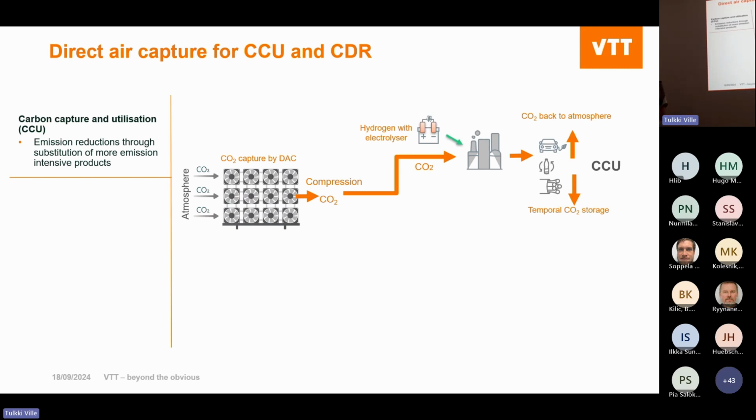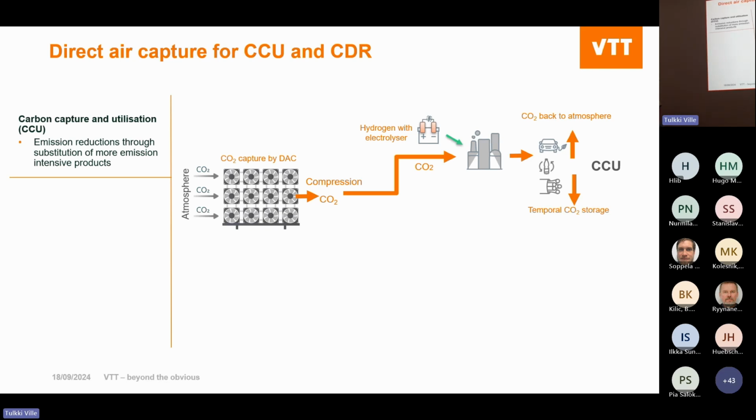And with that CO2, we could do CCU, as said in the previous presentation. We could use hydrogen and CO2 to produce different kinds of products: e-fuels, also polymers, chemicals, and components, for example, in construction materials. So here we can gain emission savings and emission reductions if we replace products with higher emission intensities.